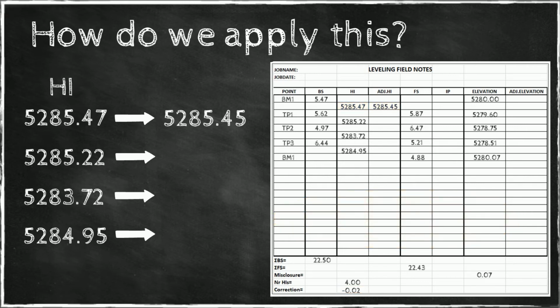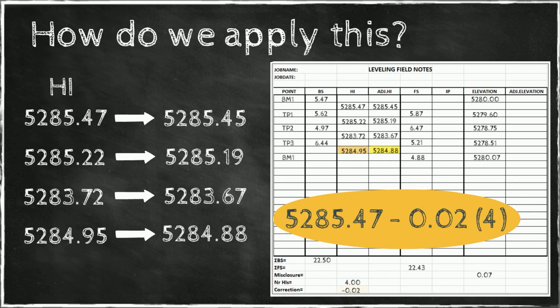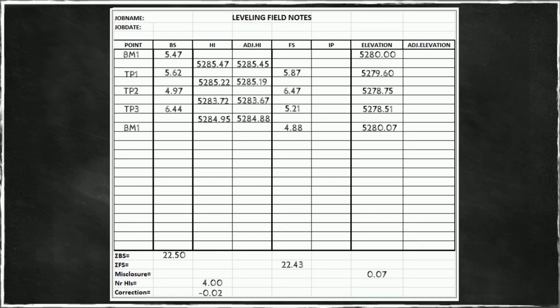Then we take this height of instrument and apply 2 times this correction to end up with this. Then we take this height of instrument and apply the correction 3 times to get that, and this plus 4 times the correction to get that. So now we have adjusted heights of instrument.